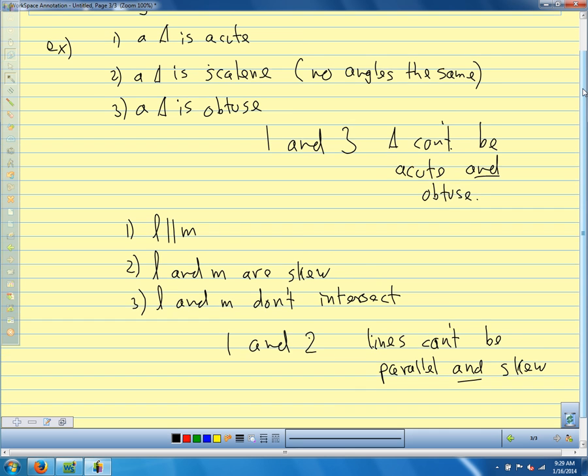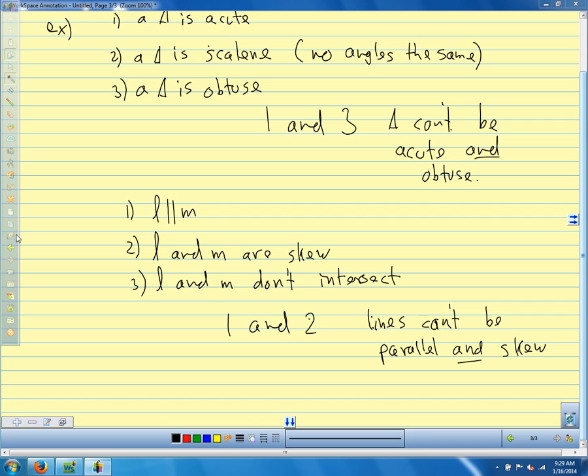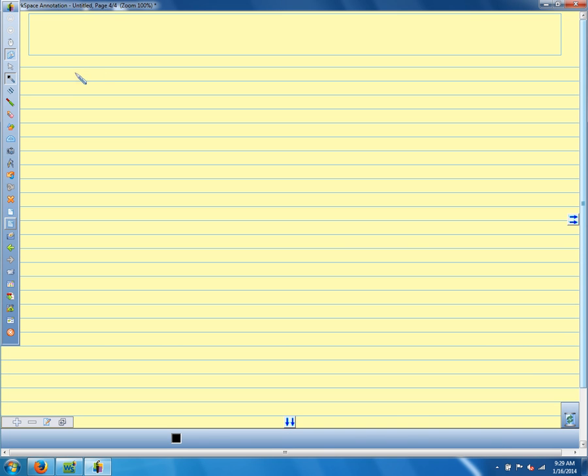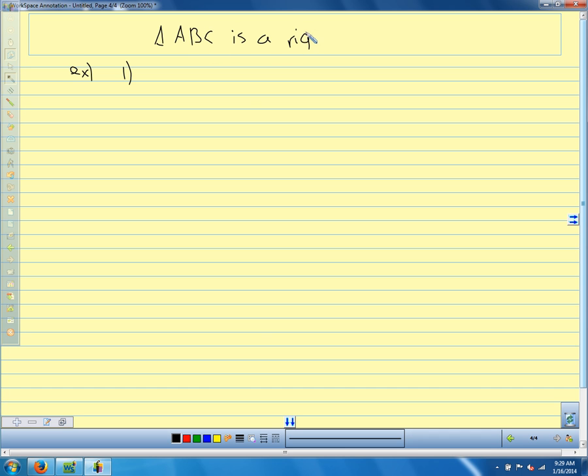All right, let's look at one more set of 3. This one's a little trickier. So I'm going to say for this one, triangle ABC is a right triangle. So all of these talk about triangle ABC.